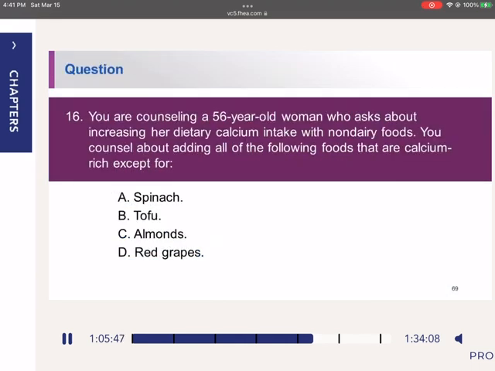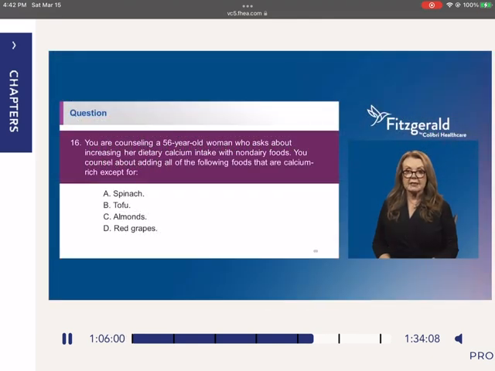Question 16. You're counseling a 56-year-old woman who asks about increasing her dietary calcium intake with non-dairy foods. You counsel about adding all of the following foods that are calcium rich except: A, spinach; B, tofu; C, almonds; D, red grapes. Which one of these is not rich in dietary calcium?